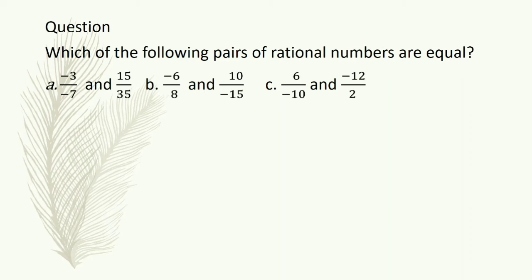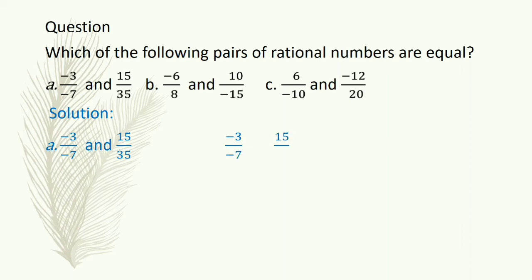We have already seen how to test whether two rational numbers are equal or not. If the rational numbers are taken as P by Q and R by S, we multiply P with S and Q with R, and if these products are equal, then we conclude that the rational numbers are equal.